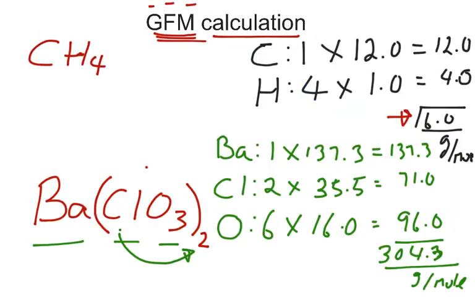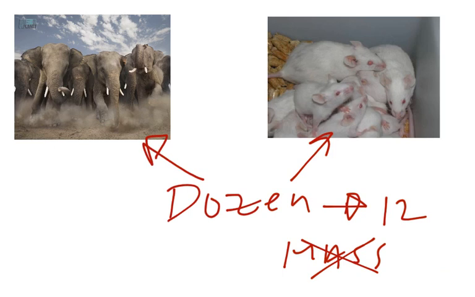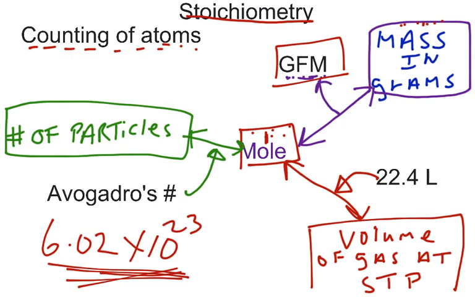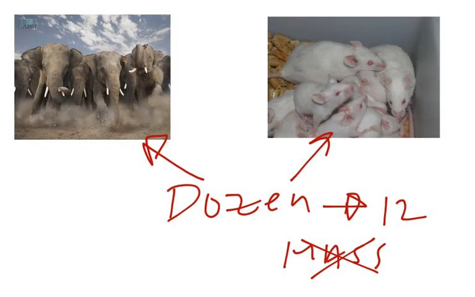Because once again, we can use the mole to go to any of these different places. We can go from moles to particles, from moles to grams, from moles to volume. If we start at grams and we change it to moles, we can go to any of the other guys. We can go to particles, we can go to volume from there. Okay, so we're not going to panic.